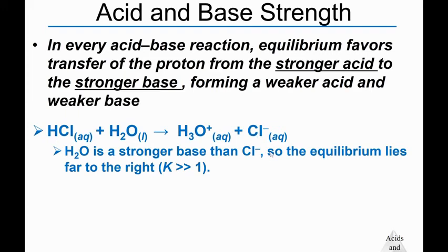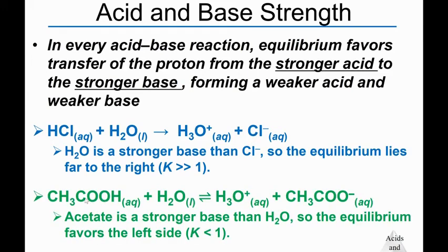So what we would expect is the equilibrium would lie far to the right, or our equilibrium constant would be much larger than 1. And that's why we see the arrow go in just one direction. We see the strong acid reacting with the stronger base, producing a weaker conjugate acid and a negligible conjugate base.